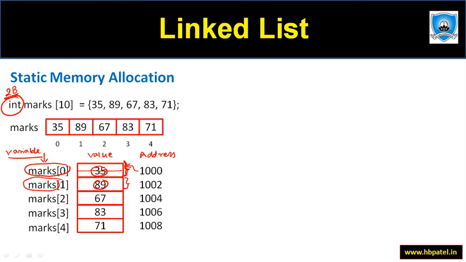Next 2 bytes, 1002 and 1003, are reserved for marks 1. Same way, 1004 and 1005 are reserved for marks 2. Then for marks 3, 1006 and 1007, and for the last element, marks 4, we have 1008 and 1009.